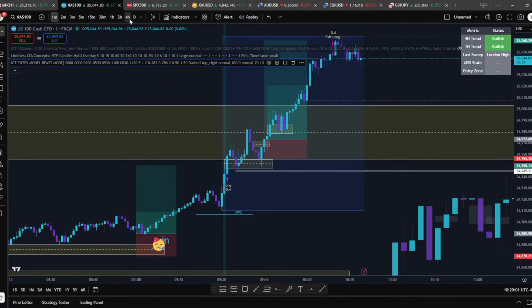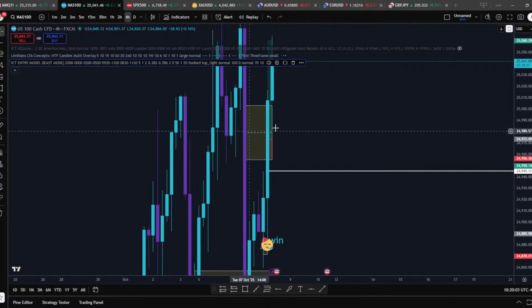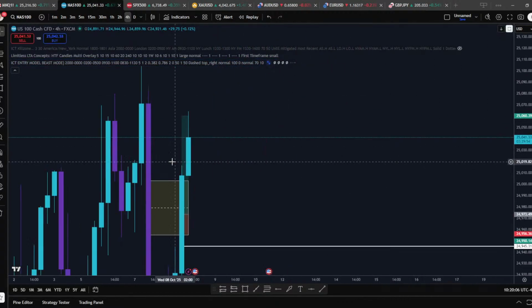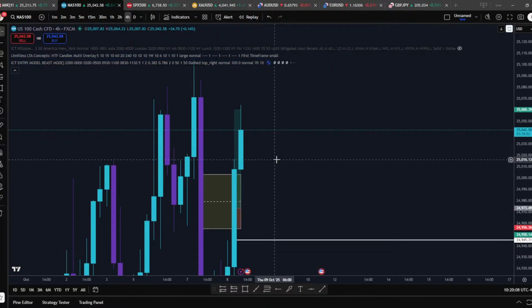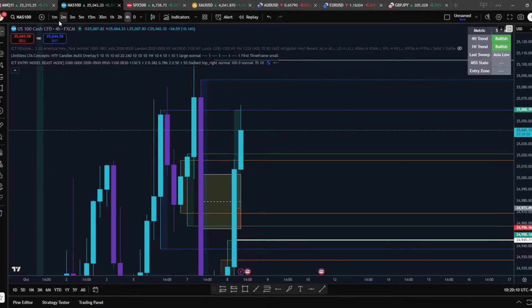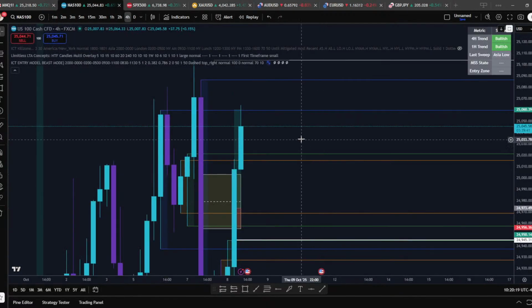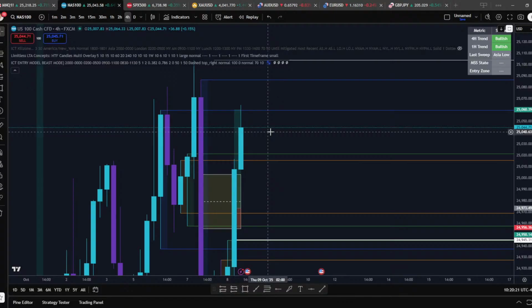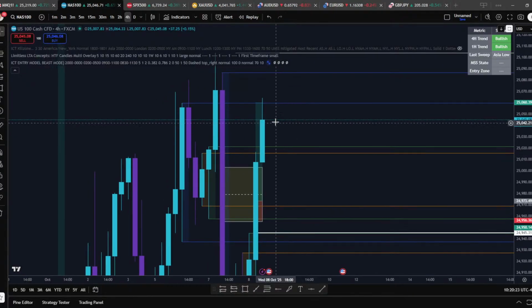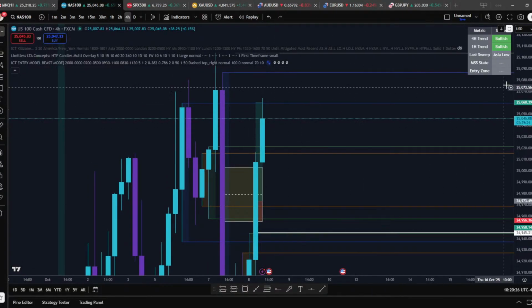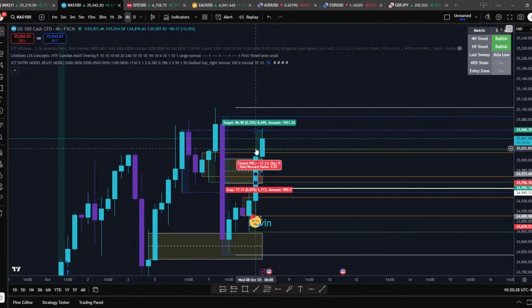Just go here, it's a 4 hour candle. The start of the wick is here. It closed above. See how it closed above on the 4 hour fair value gap?